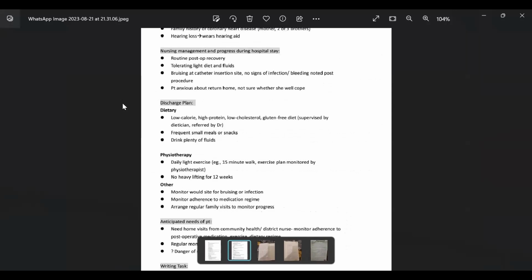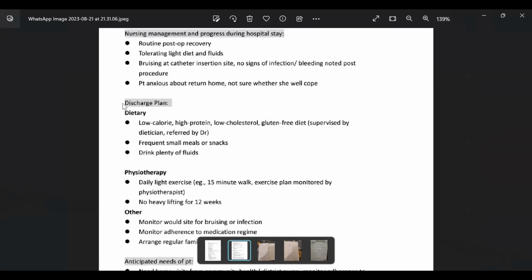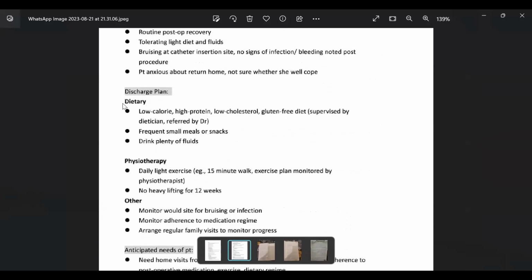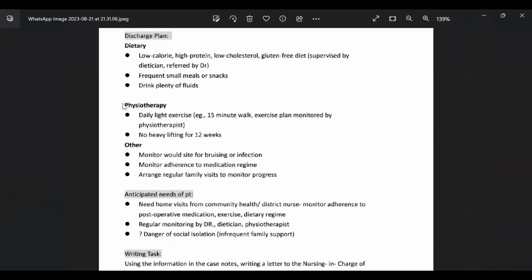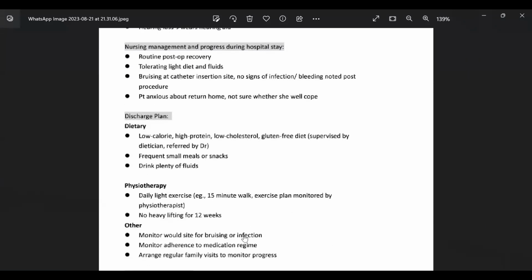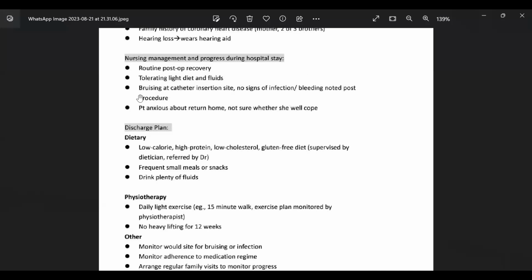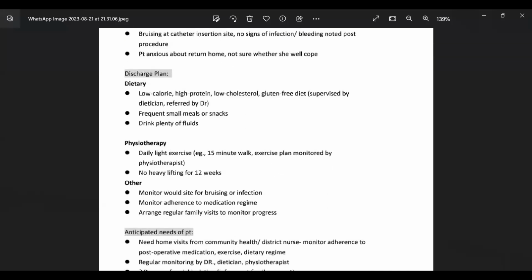Or in the nursing management, we can pick an area, let's say post-operatively, she is recovering well. However, there is bruising at the site of catheter insertion that needs to be monitored in order to avoid any chances of infection. Then we can see that the patient has been tolerating a light diet and fluids. Therefore, I would appreciate it if you consult her dietitian to plan her dietary regime.